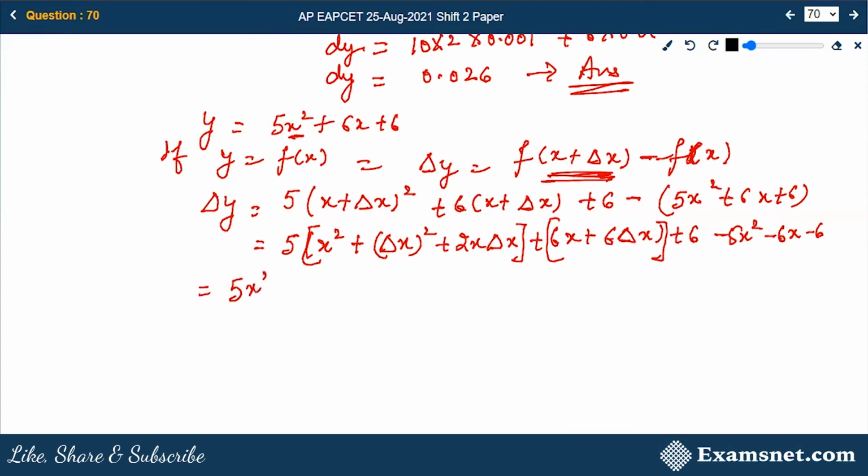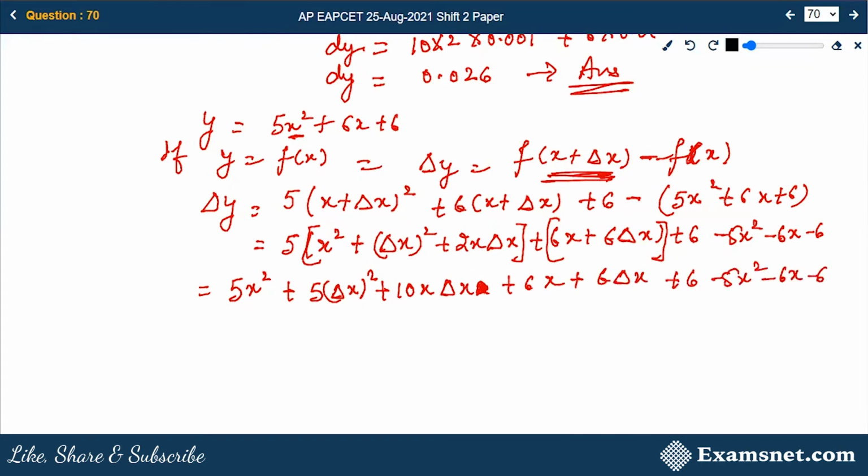This will be 5x square plus 5 delta x square plus 10x delta x plus 6x plus 6 delta x plus 6 minus 5x square minus 6x minus 6. So what will get cancelled? 5x square, 5x square, 6x, 6x, 6 and 6.